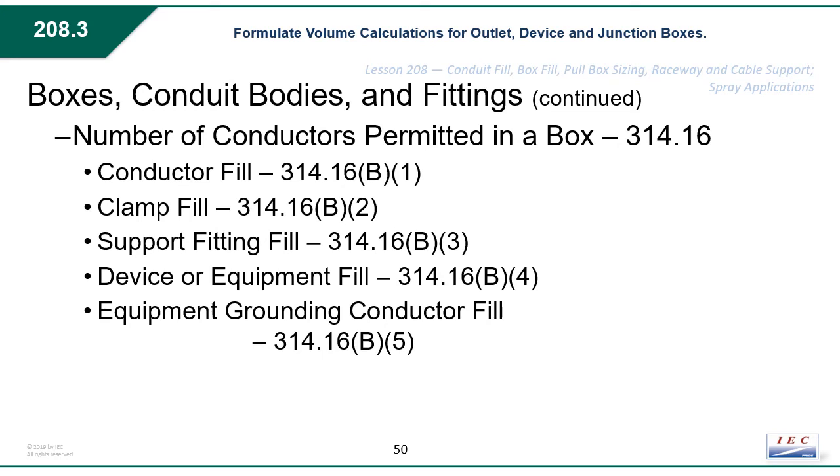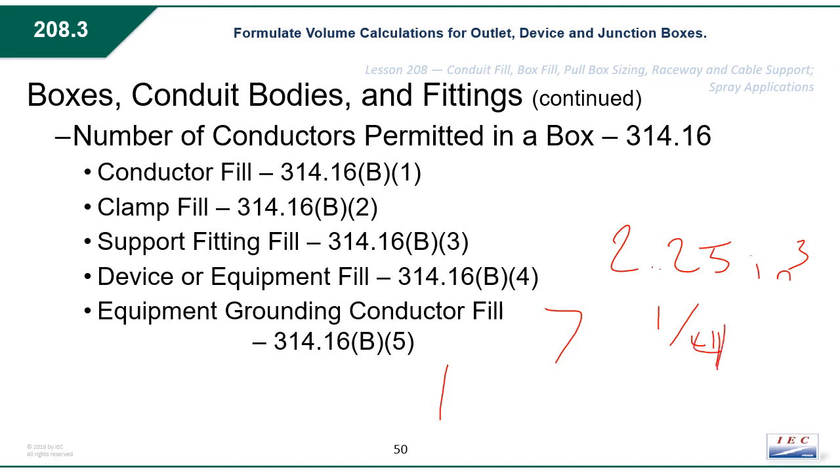So let's say I have a box with 7 equipment grounding conductors in there, and let's say they're 12 gauge, so 2.25 inches cubed per conductor. I'm not just going to take 7 times 2.25 inches cubed. The first 4 of those 7 I only count as 1 conductor, and everything after 4 I count as 1/4 conductor each.